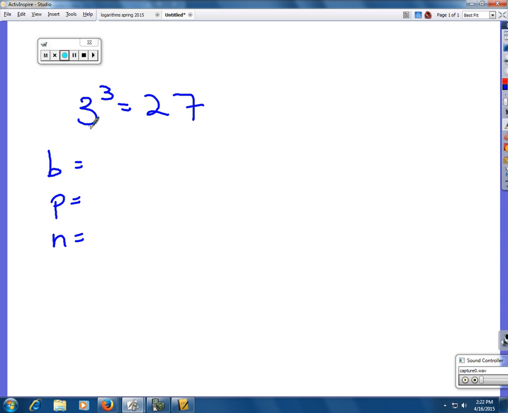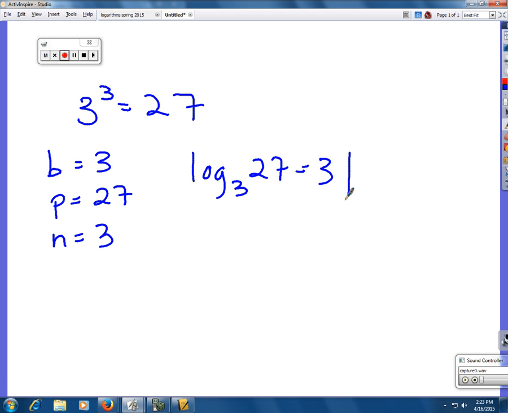In this case, b is 3, p is 27, and n is 3. So log base b of p equals n, and that is the logarithmic form. So that would be the answer to number 1.